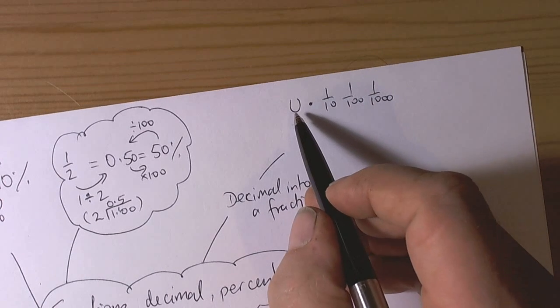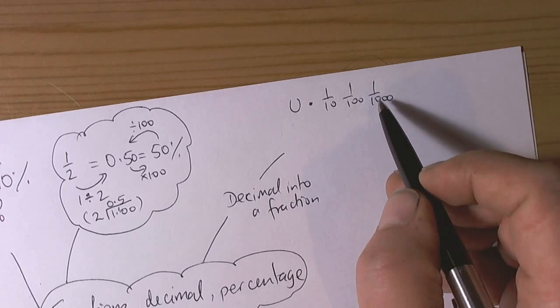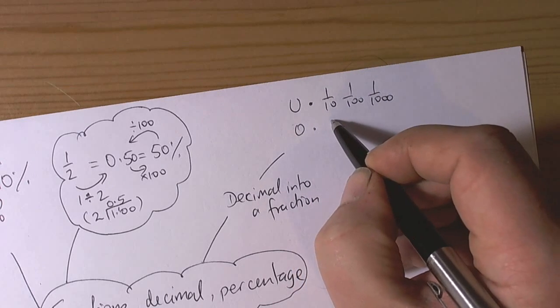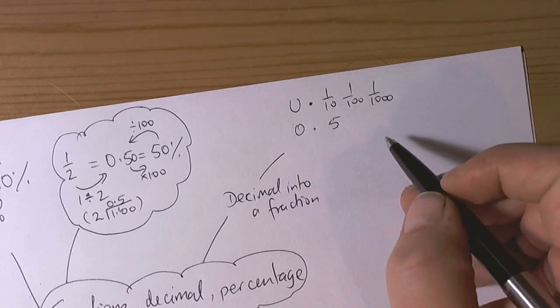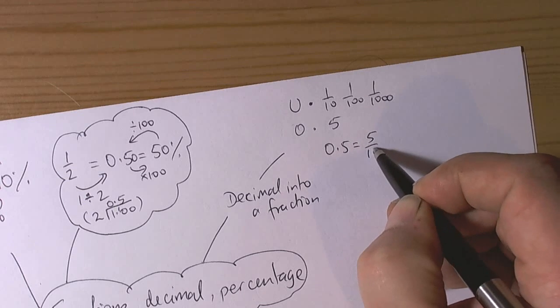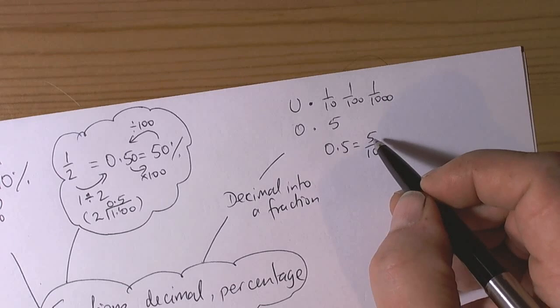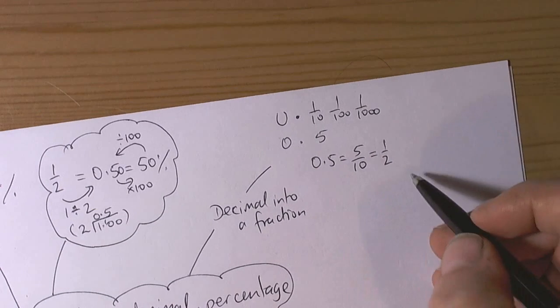So we know that the place values go units, decimal point, then we break them into parts, so tenths, hundredths and thousandths. So for example, if I have 0.5, then the 5 is in the tenths column, so 0.5 will be the same as 5/10, which if we cancel fractions down, as we should do, both of these have a common factor of 5, so they share down to 1/2.